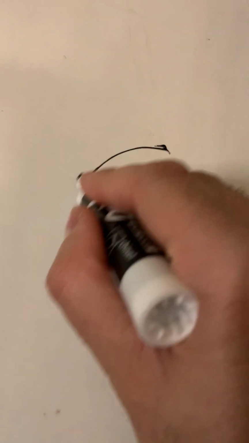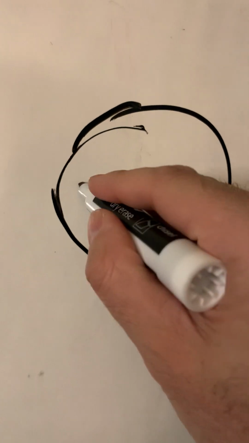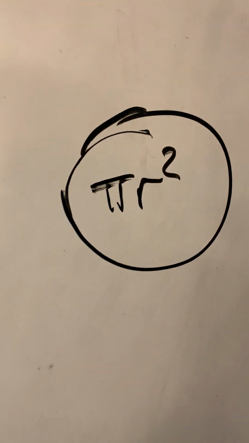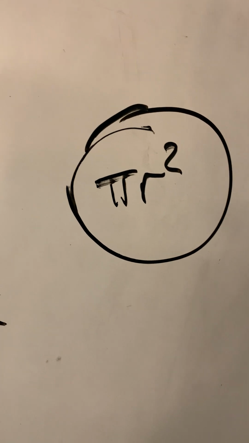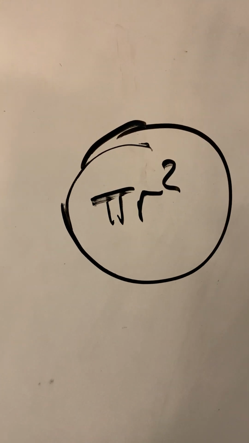Move over here. So now, when you have a circle here and you think of the area of a circle, I'm just going to tell you what the formula is. It's pi r squared. And how are you supposed to remember that? Except through memorization.